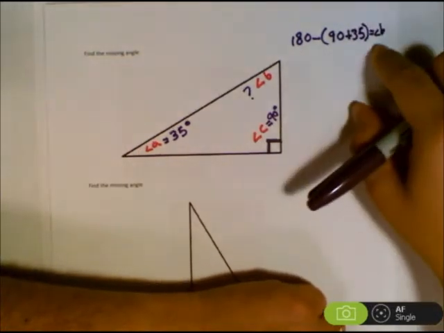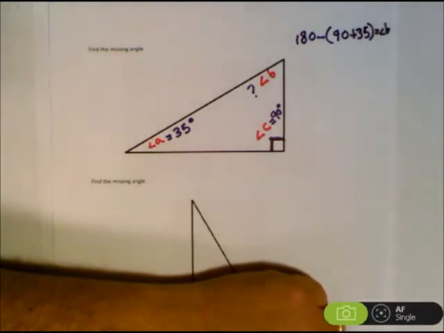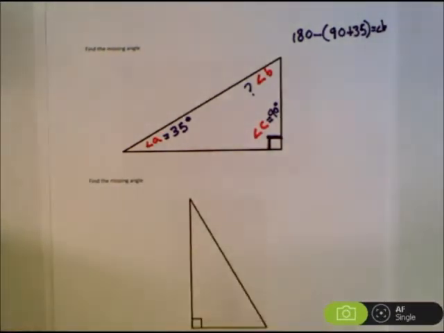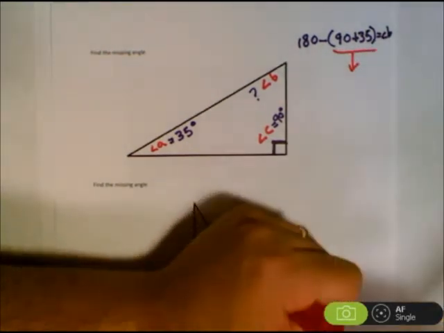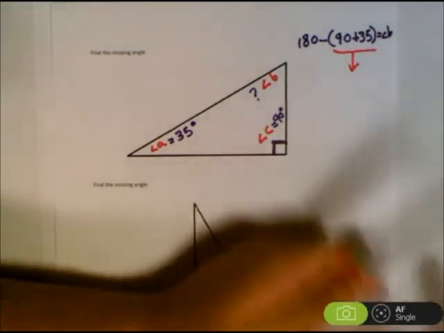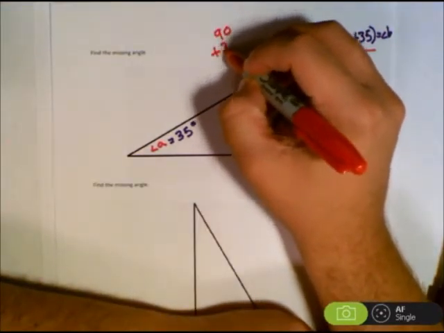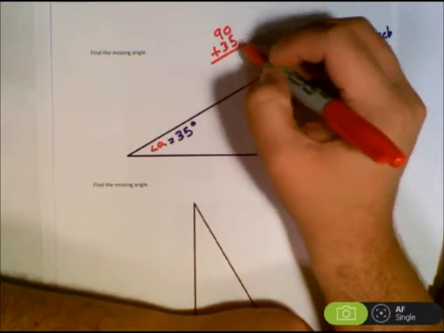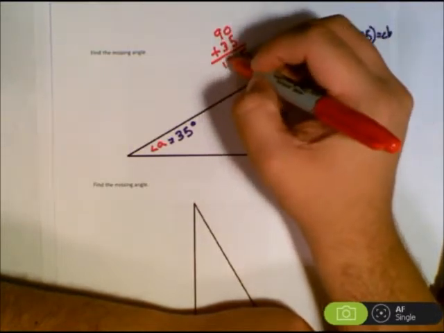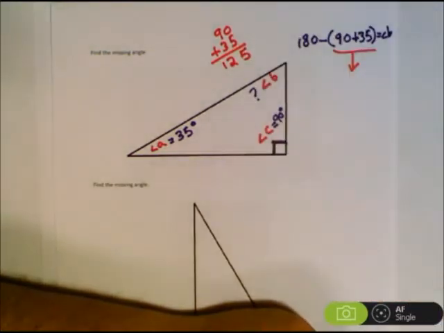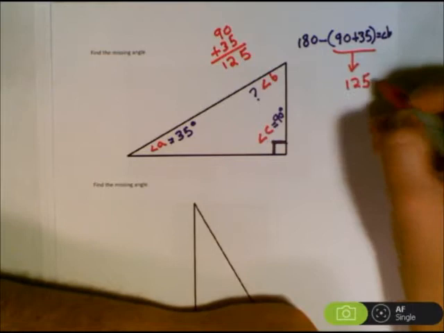Let's go ahead and work out what's inside the parentheses first. What is 90 plus 35? Let's work that off to the side. Zero plus 5 is 5. 9 plus 3 is 12. So 90 plus 35 is 125.